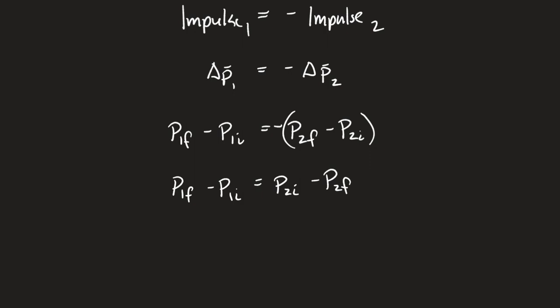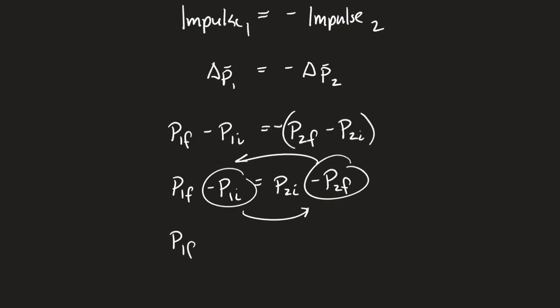I want to collect the initial states and the final states. So I'm going to move this over here and this over there. And I get P1 final plus P2 final equals P1 initial plus P2 initial.